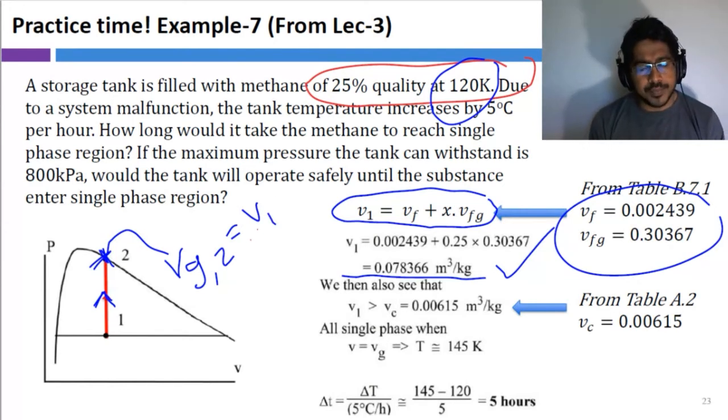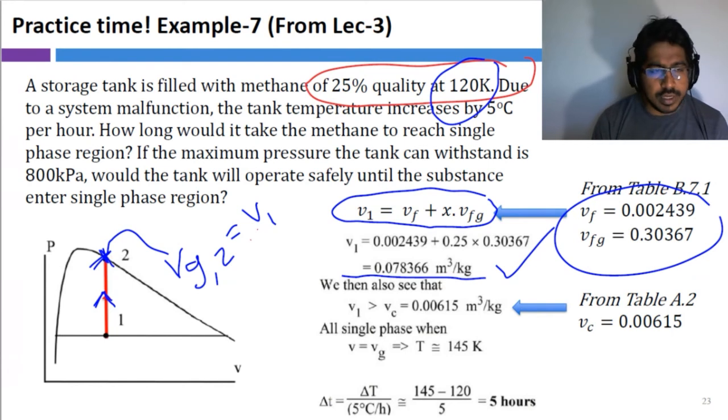Do we agree with that one? Because our specific volume did not change, and when we are at the saturated vapor line, Vg2 should be equal to our initial specific volume. Do you agree with that?